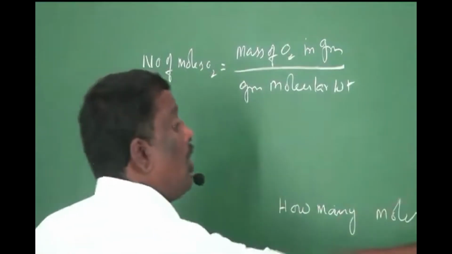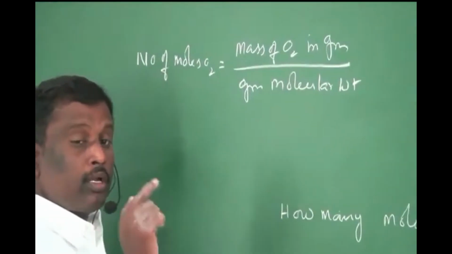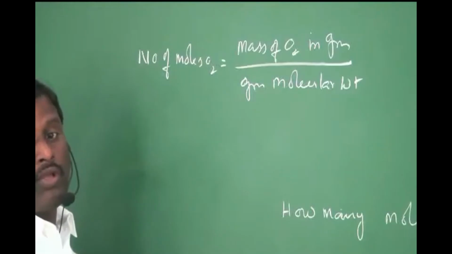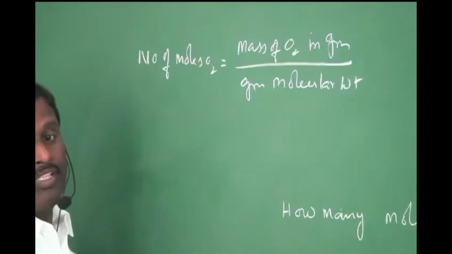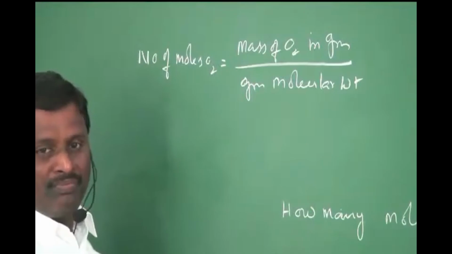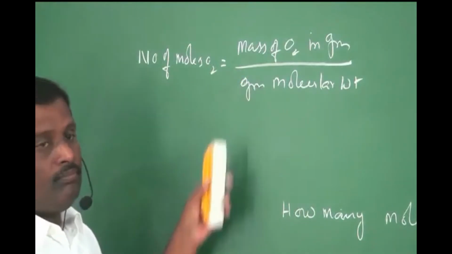So 32 kilograms was given there. You should carefully observe the units. It's a more important thing that you have to observe. Sometimes they will give you milligrams. Sometimes they will give you kilograms. Whatever the unit that they have given, you should convert it into grams first. Then only you have to apply this formula.